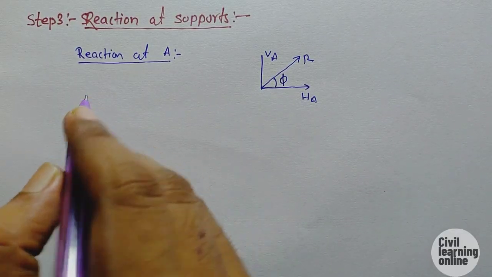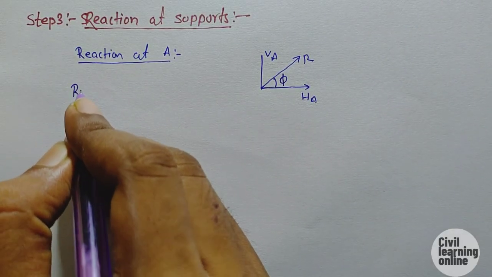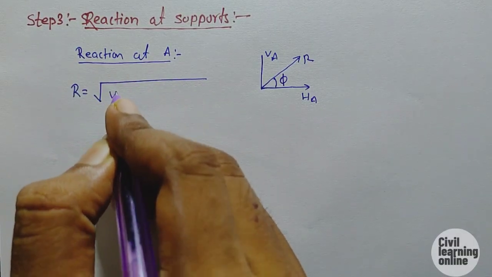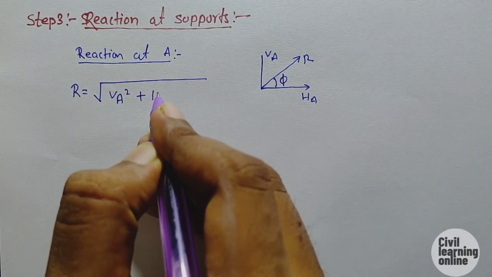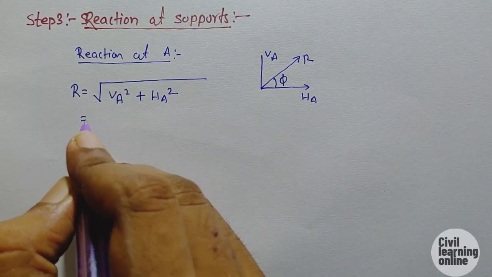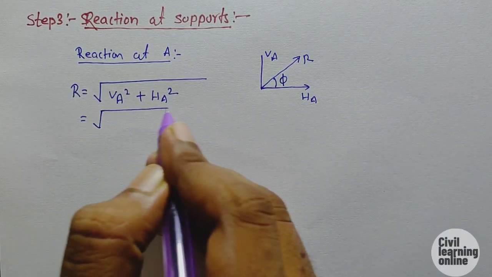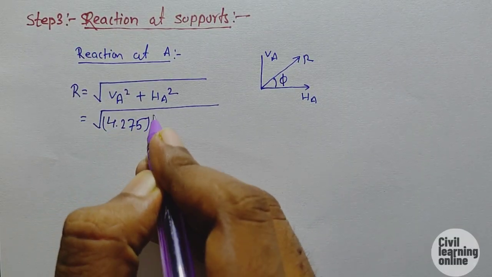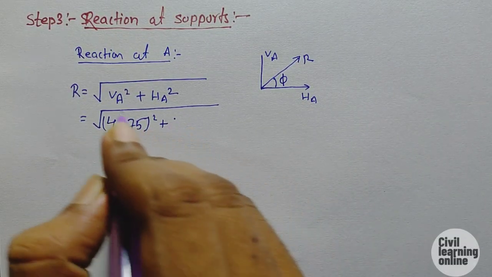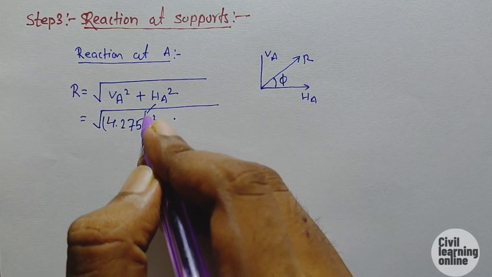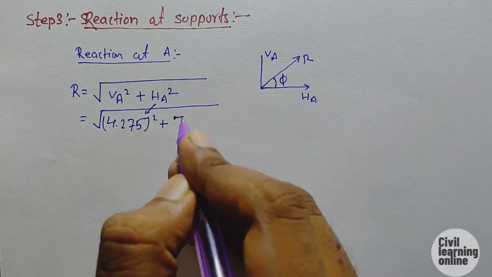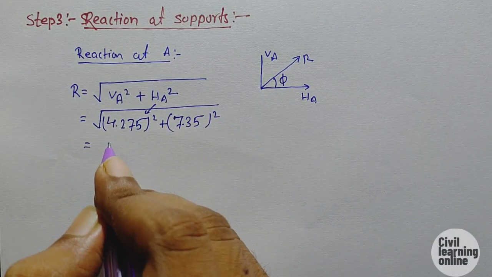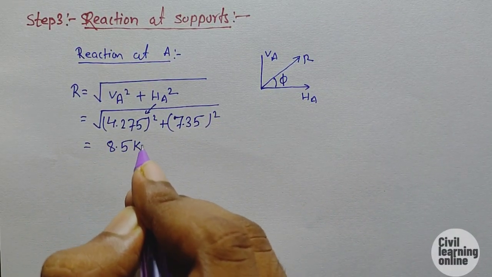From the triangle law of vector addition, R equals root under VA square plus HA square, and we have got the values of VA and HA. So put down the values: 4.275 square plus 7.35 square, and from here we will get the value of R equals 8.5 kilonewton.